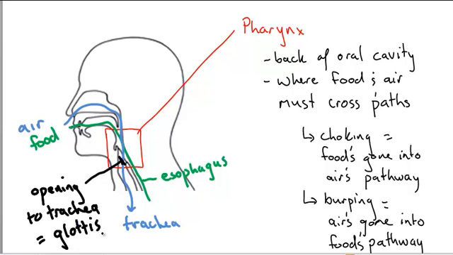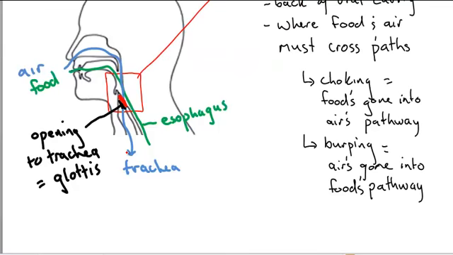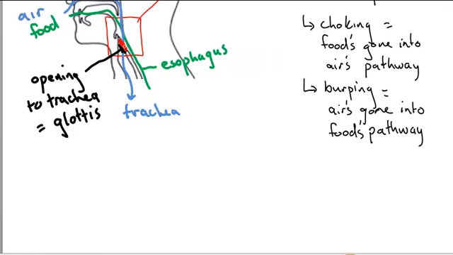And when we swallow, the glottis needs to be covered. And the glottis is covered by, I'm going to color it red, a portion here. It's basically a flap called the epiglottis.